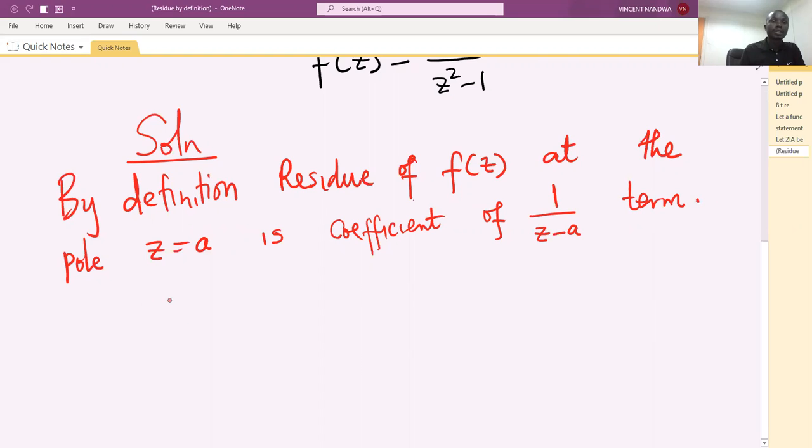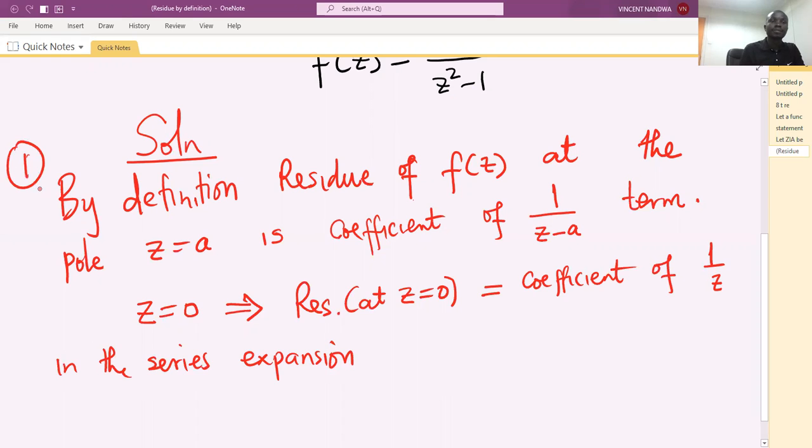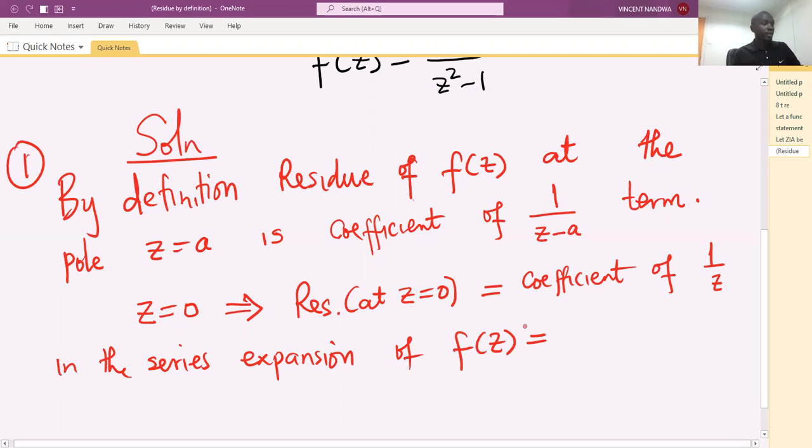So in our case, we have z = 0. So it implies the residue at z = 0 would be the same as the coefficient of 1/z, because z − 0 gives z, in the series expansion of f(z) given by z times cos(1/z).